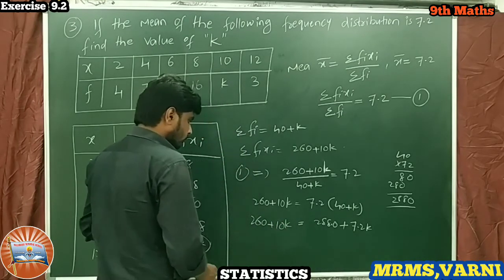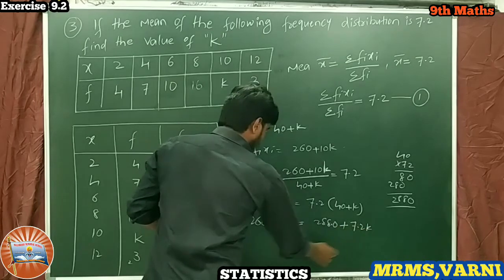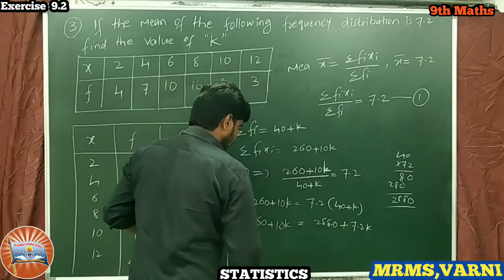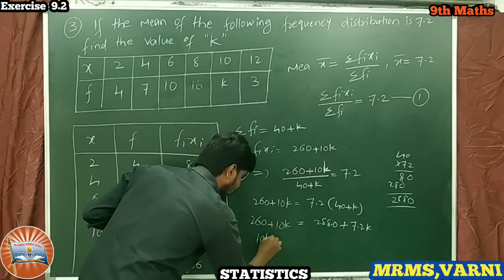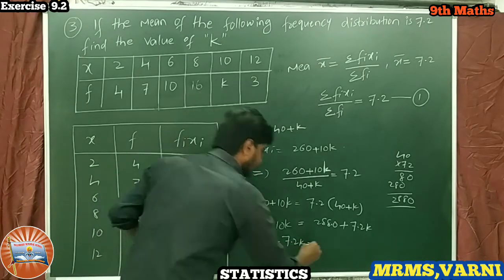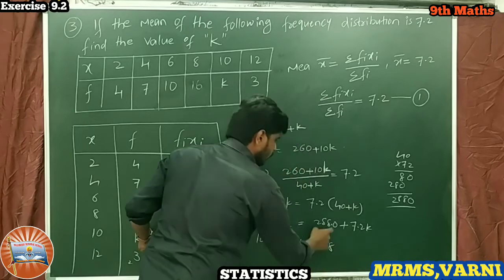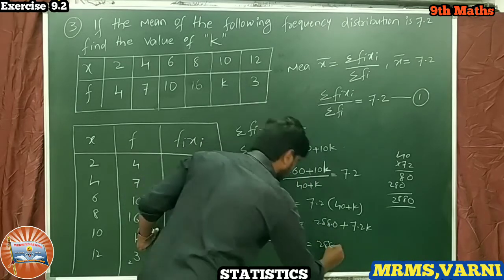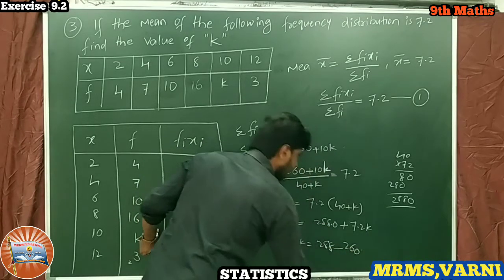So bring this 7.2k here and take the rest to the other side. So 10k minus 7.2k is equal to 288 minus 260, isn't it?